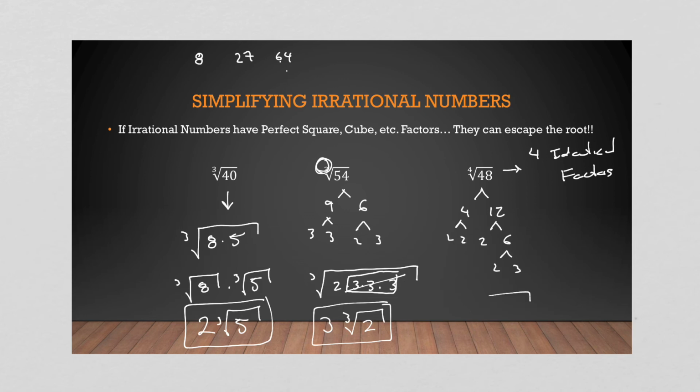So it means the 4th root of 48 is the same as the 4th root of 2 times 2 times 2 times 2 times 3. Well, in this case, 4 become 1. So 4 2's come out as 1 2, and I'm left with the 4th root of 3. That is how you simplify roots. You're looking for what can break out of the house, what can come out of the root.